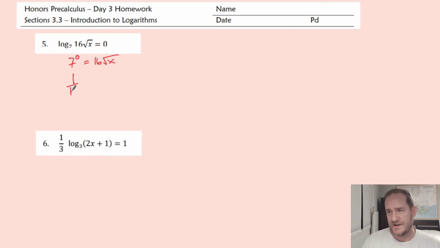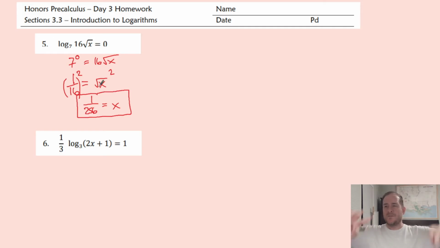So I'm going to cut to the chase and just say the 1 divided by 16 is going to be root x. So now to solve, you'll square both sides. And so you get 1 over 16 squared. 16 squared being 256. So 1 over 256 is equal to x. Yeah, that's all. Easy peasy.